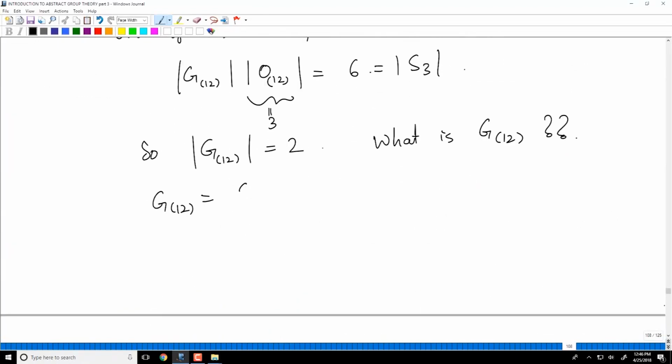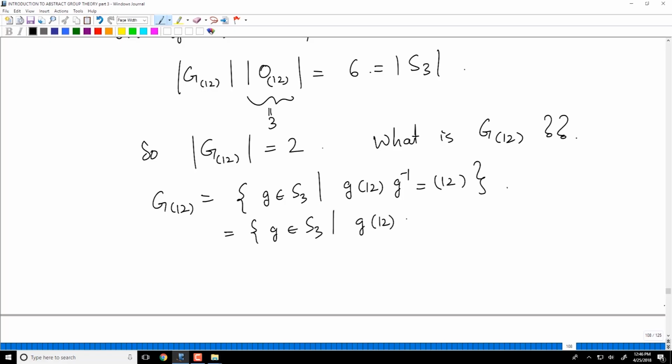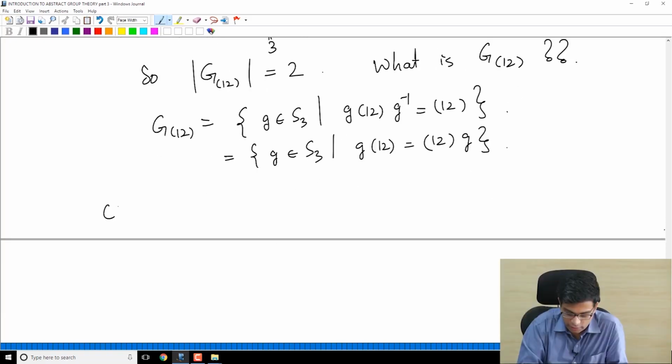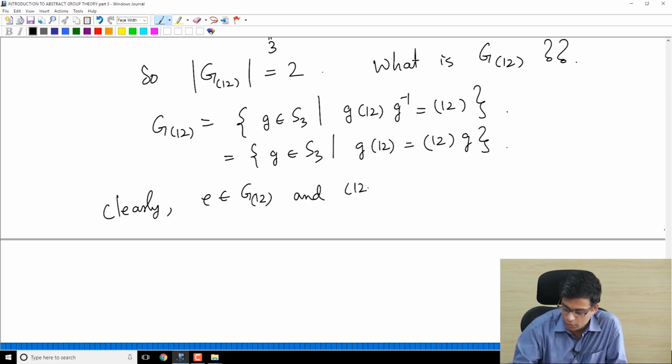The stabilizer of (1 2) is the elements g of S3 such that g(1 2)g inverse is (1 2), right? That means this is all group elements that commute with (1 2). So definitely E belongs to G(1 2) and (1 2) belongs to G(1 2), right?